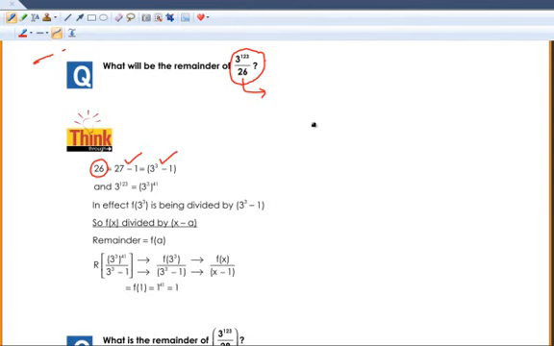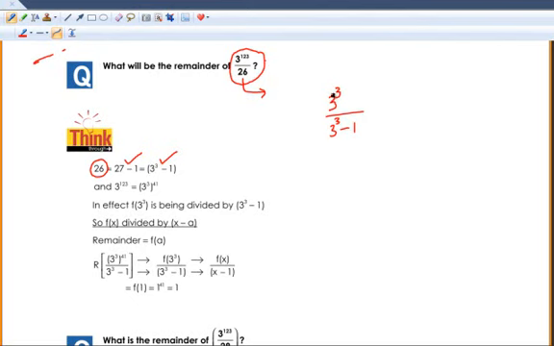So our denominator becomes 3 cube minus 1. Now if we can express the numerator as a function of 3 cube, then we can use the remainder f of 1 that we have seen, right?